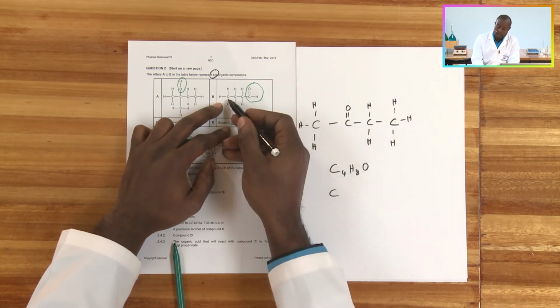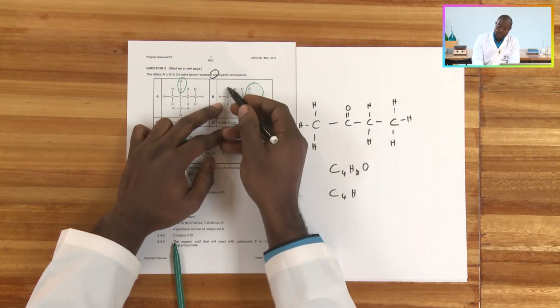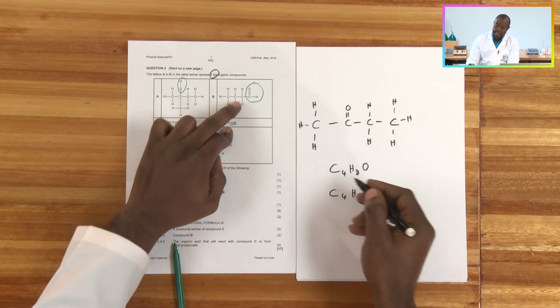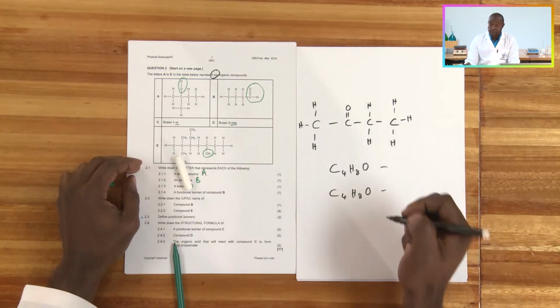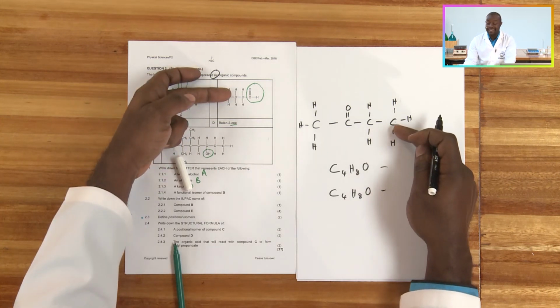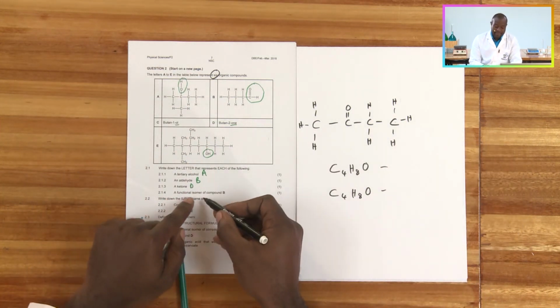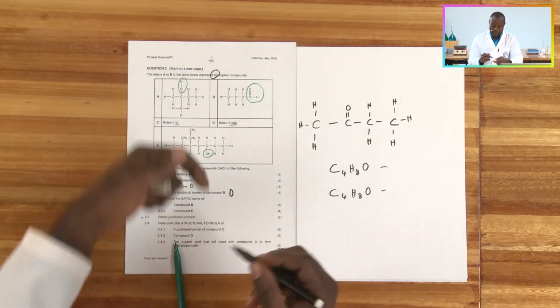How many carbons? 1, 2, 3, 4. 4 carbons. How many hydrogens? 1, 2, 3, 4, 5, 6, 7, 8. 8 hydrogens and 1 oxygen. So these 2 have the same chemical formula, but they have different structural formulas, and they are isomers of each other. So the functional isomer of compound B is going to be D.